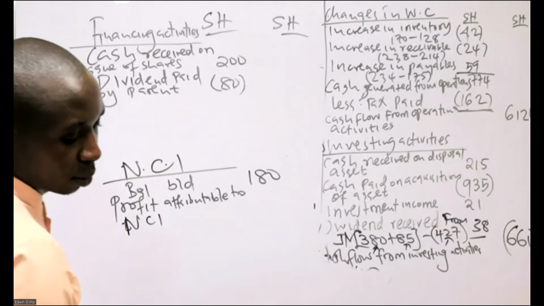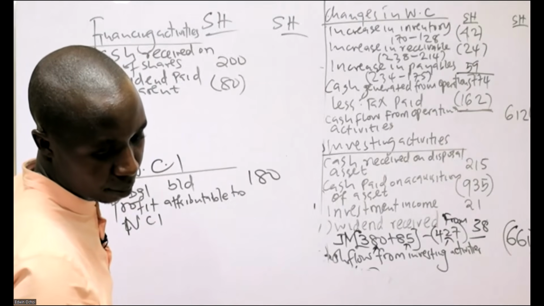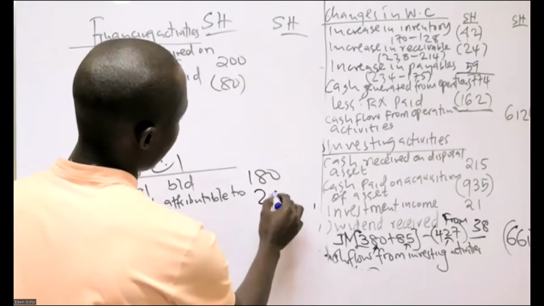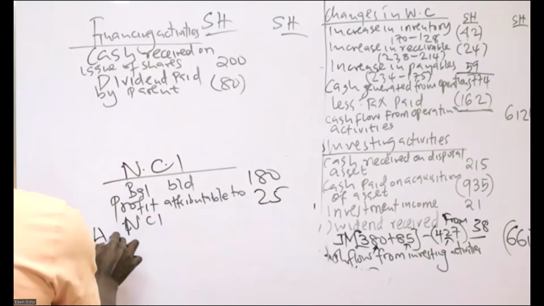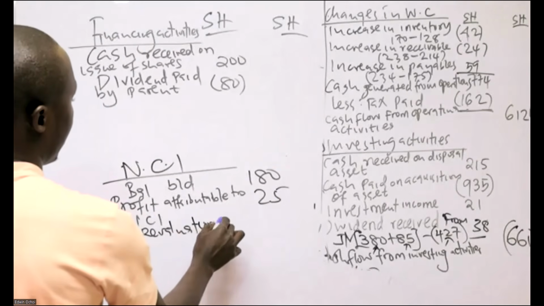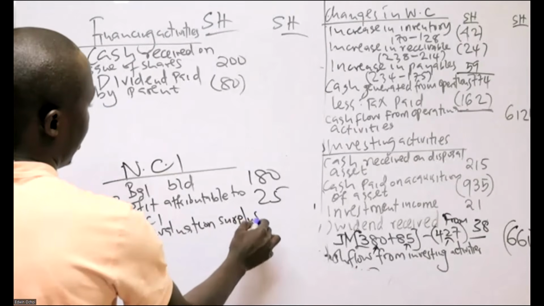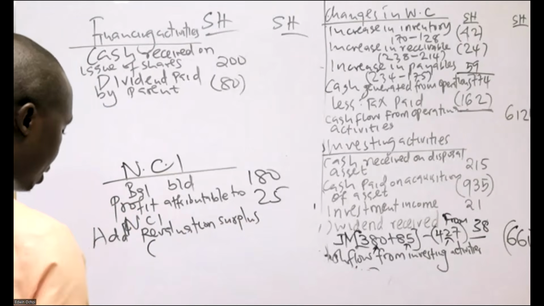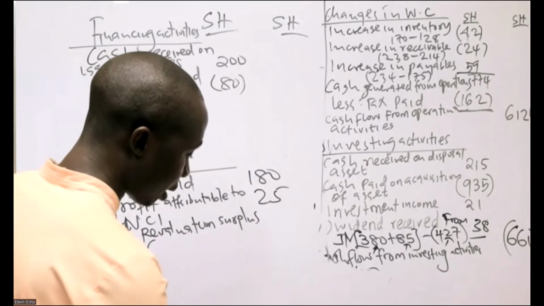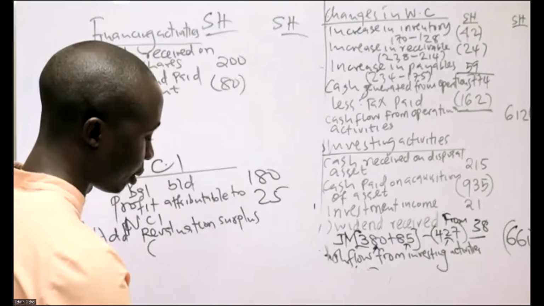The profit attributable to NCI is 25. Then what you do next is add revaluation surplus. So the balance carried down for revaluation, as according under equity, is 200.